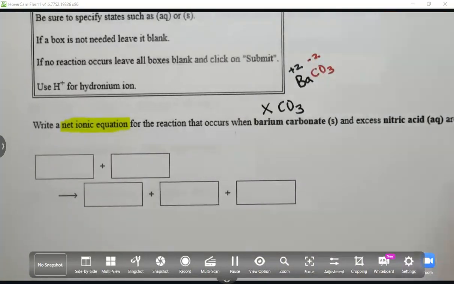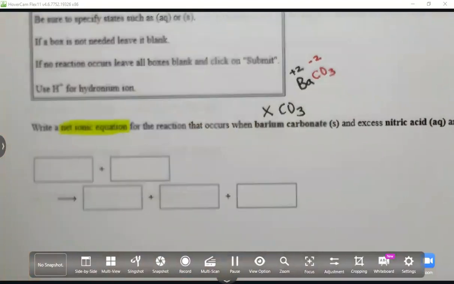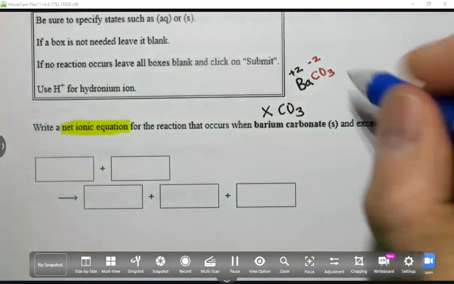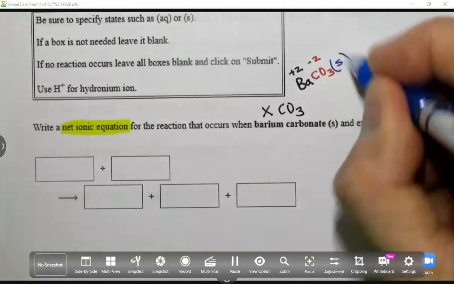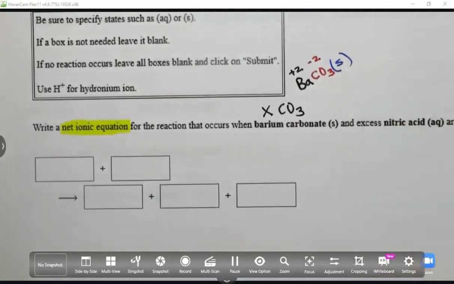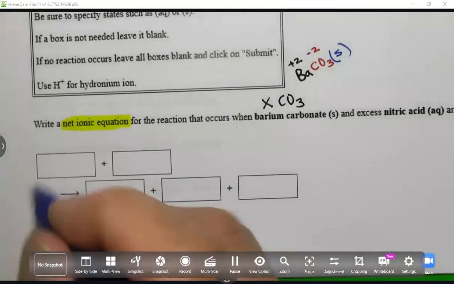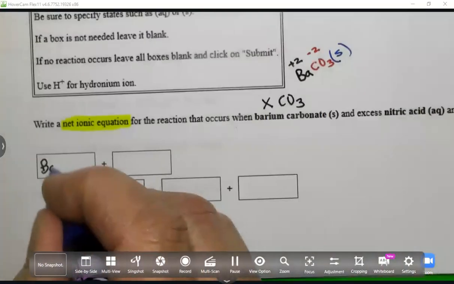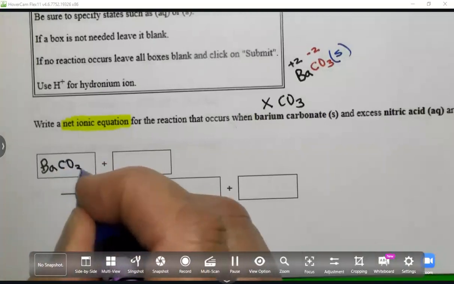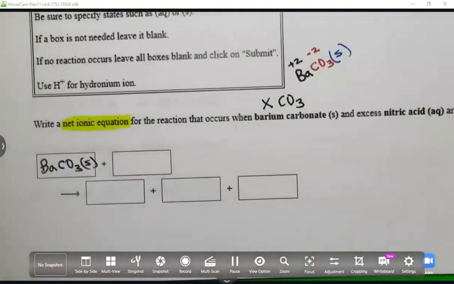Right, so we just have barium carbonate, and it's a solid. So that's going to be our starting box here. And I guess I'll just write that in. BaCO3 solid.